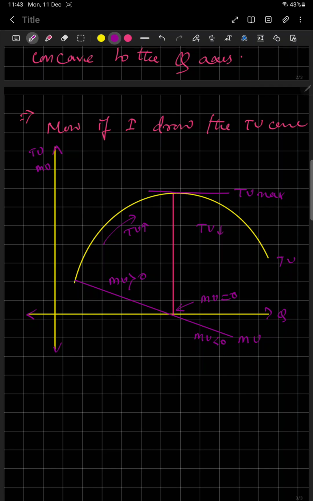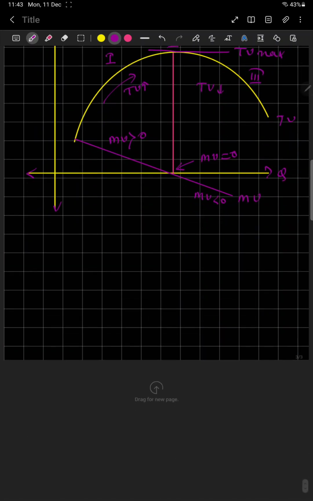So that means it has 3 phases: phase 1, phase 2 and phase 3. In phase 1, total utility is rising and marginal utility is greater than 0. In phase 2, total utility becomes maximum and marginal utility is equal to 0. And in phase 3, total utility is falling and marginal utility is less than 0.